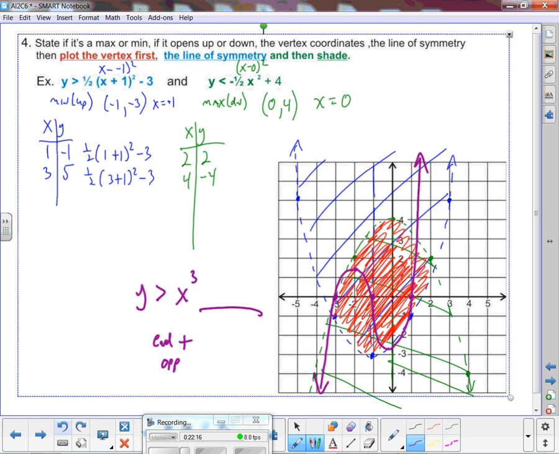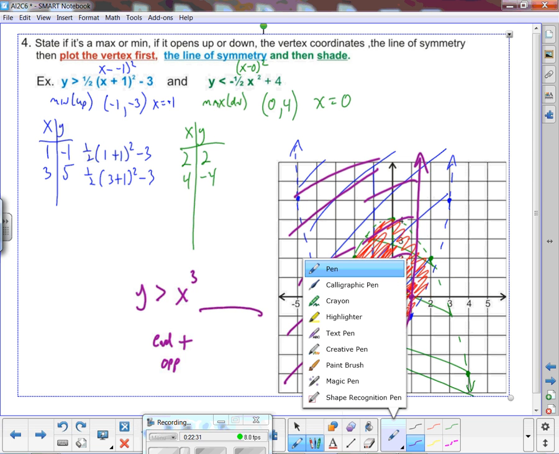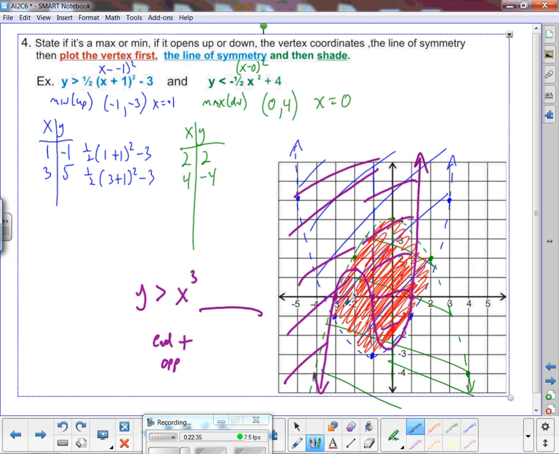And it were a greater than. Well, you'd be shading all of this, right? All of this above. And now you'd have to say the final solution to all of this. All right, here I'll use black.